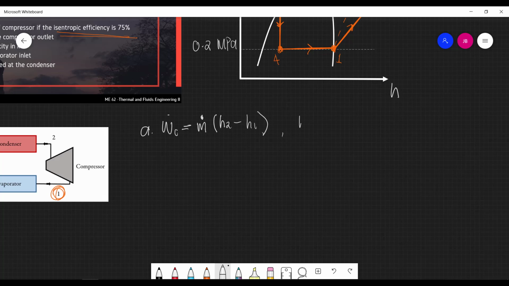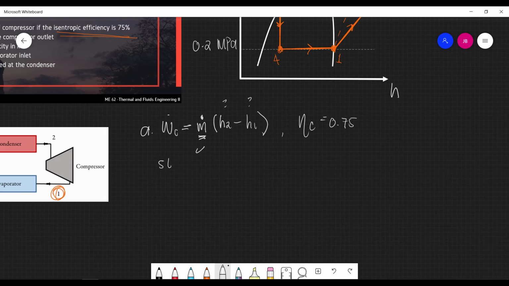And let's just take note that the compressor efficiency is 75%. From here, we know that m dot is just 0.1, and unfortunately, we don't know state 2 and state 1 yet. So perhaps we might need to solve for these states in order to proceed with this problem.